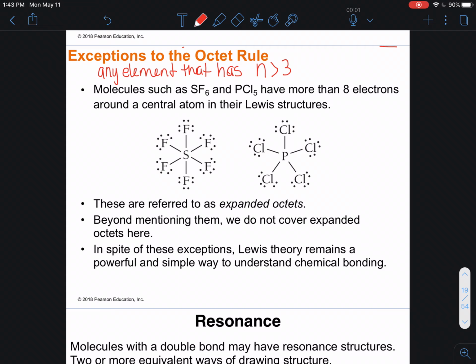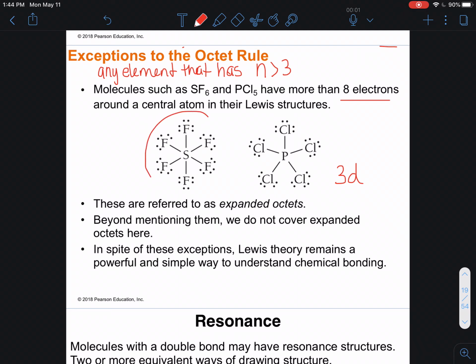So sulfur and phosphorus are such examples because they have access to that empty 3d orbital, or 3d subshell. They can have more than 8 electrons associated with them, and because of that, they can bond to more than 4 things.